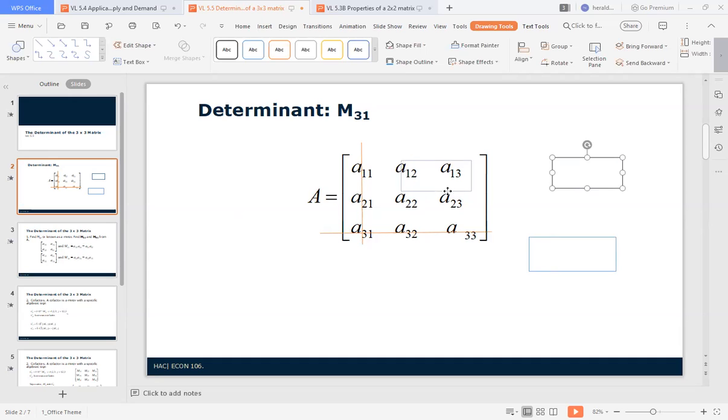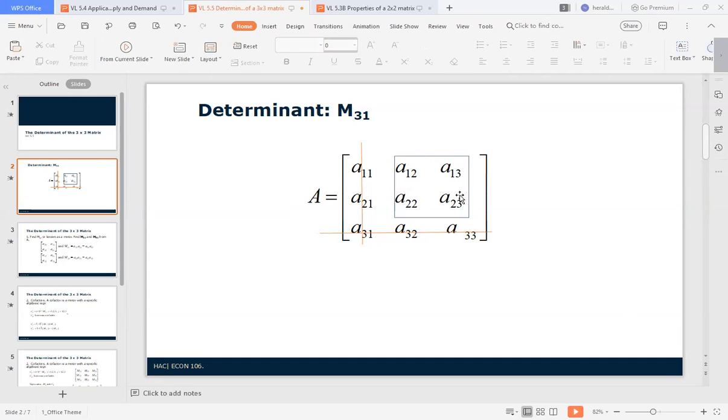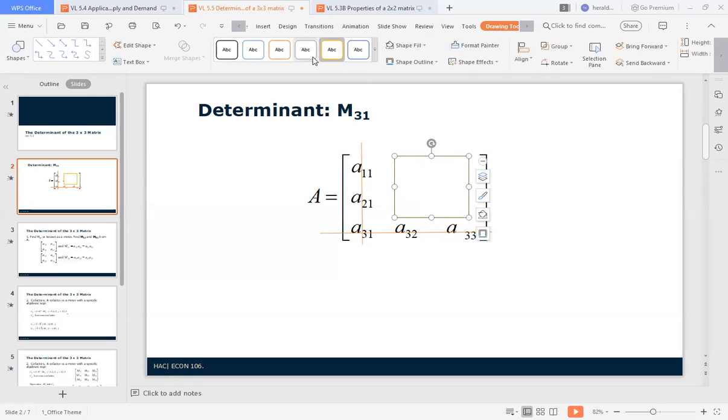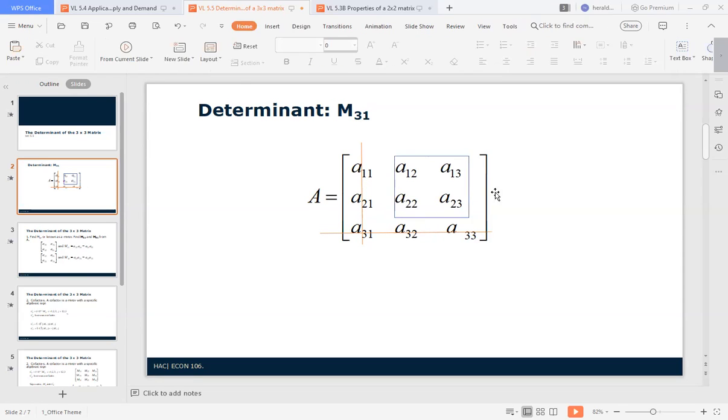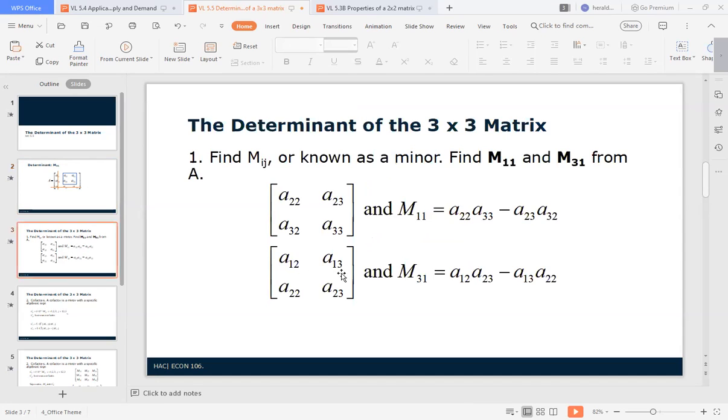So this is our M31. Now, is it the same here? That would be A12, A13, A22, A23. After deleting rows and columns, we now have a matrix for our minors.